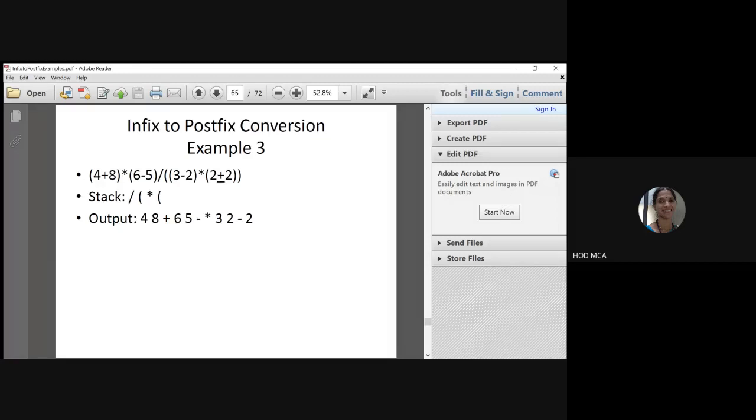Plus will get pushed to the stack. 2 will come to the output. Closing brace. So pop the plus. This set of brackets will get discarded. Next pop the minus star. Again this set of brackets will get discarded. And then slash. How many got it right?